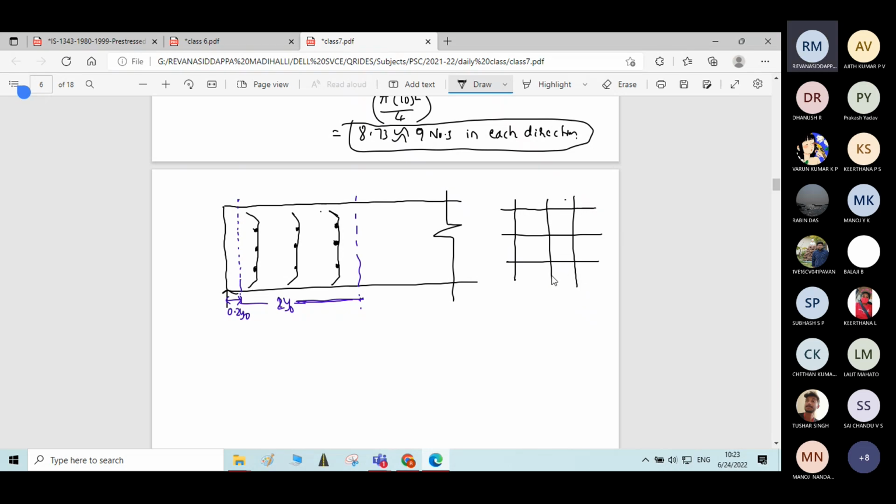So here this is 9 numbers of 10 mm dia bars in both directions.